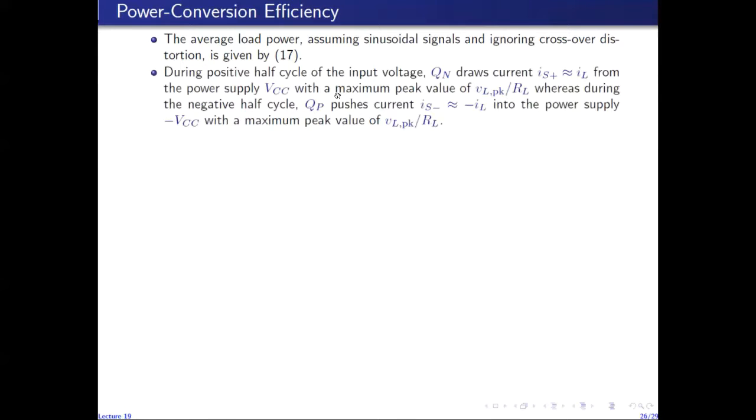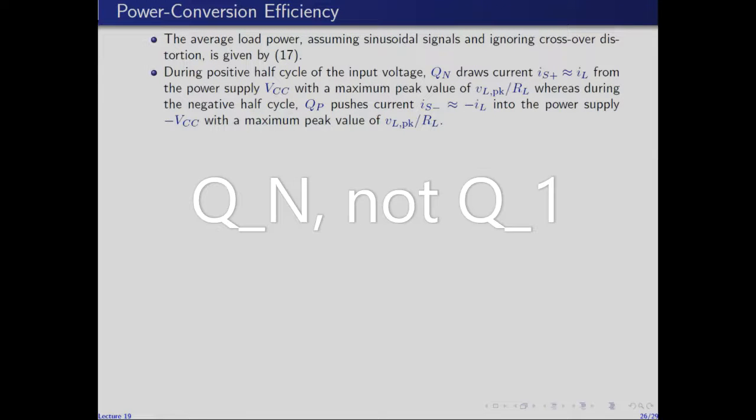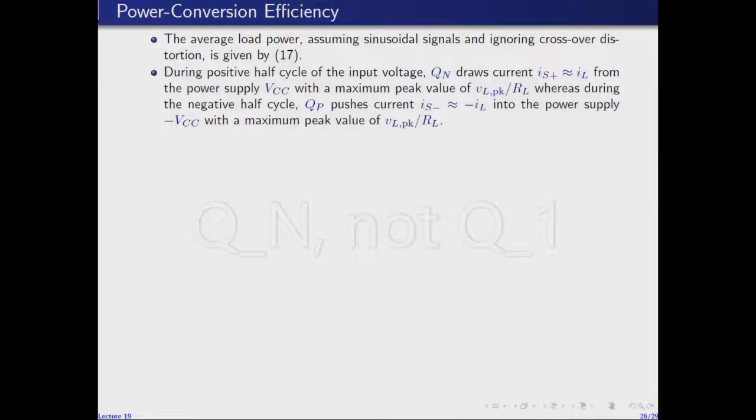And the average power drawn from the source depends on the half cycle of the input. During the positive half cycle of the input, Qn conducts and it pushes current IL into the load RL. So IL is equal to the emitter current of Qn, and if we assume alpha for Qn to be approximately 1, then that emitter current is equal to the collector current of Qn.